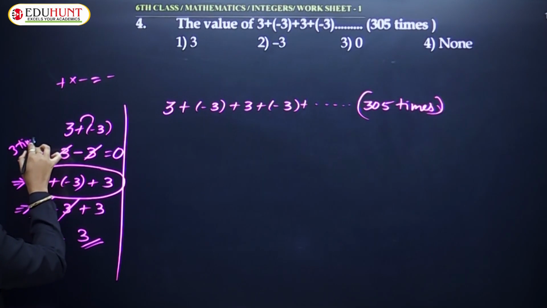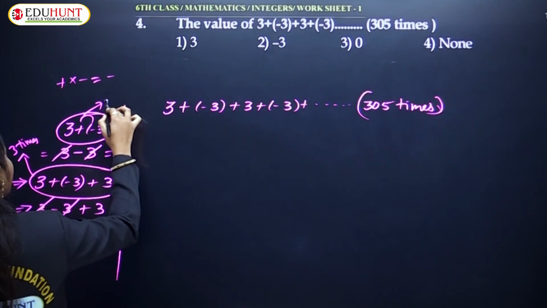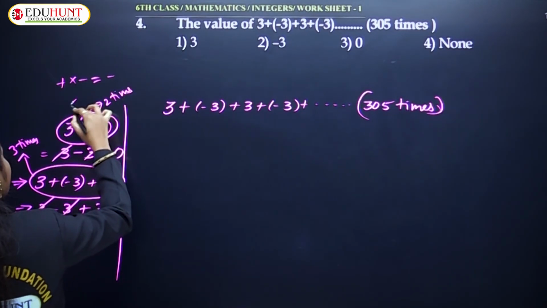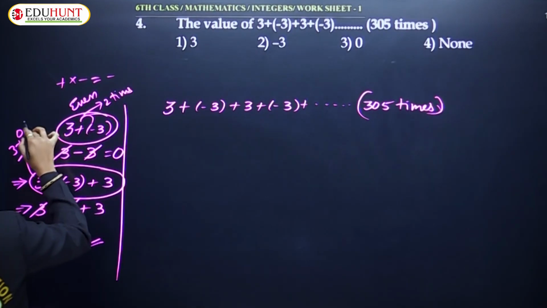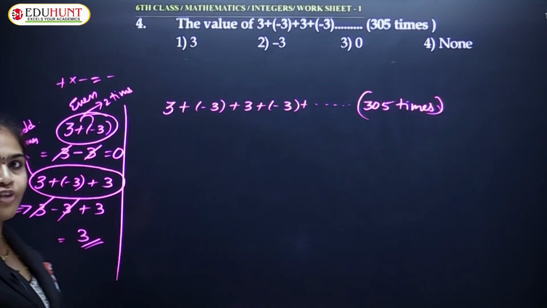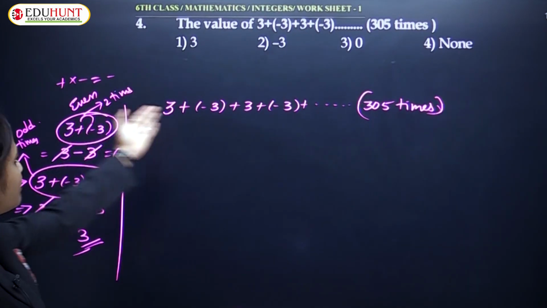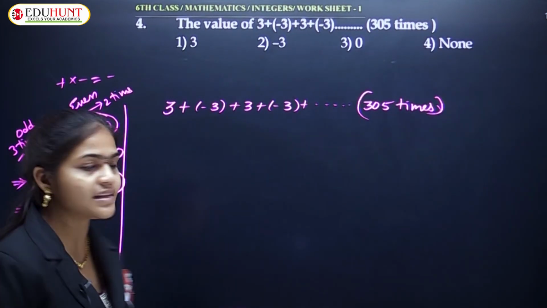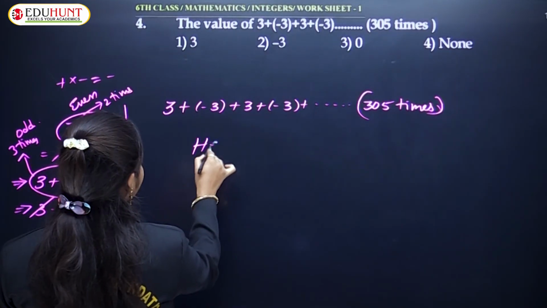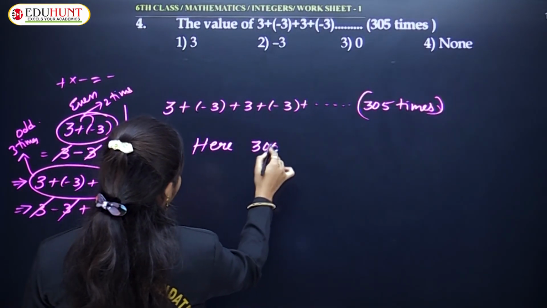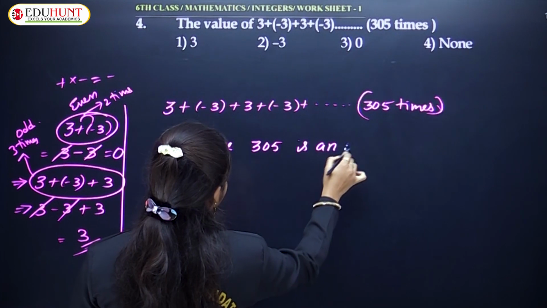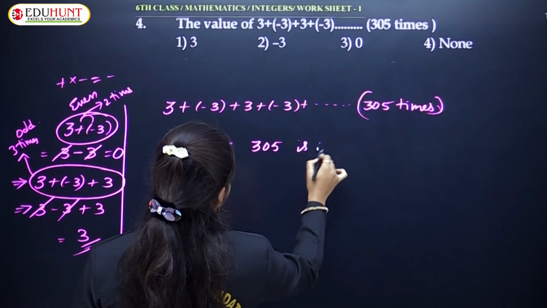And here how many times? 2 times. 2 times means even, 3 times means odd. So an odd number of times gives 3 as the answer. An even number of times gives 0 as the answer. Here 305 is odd. 5 is odd.